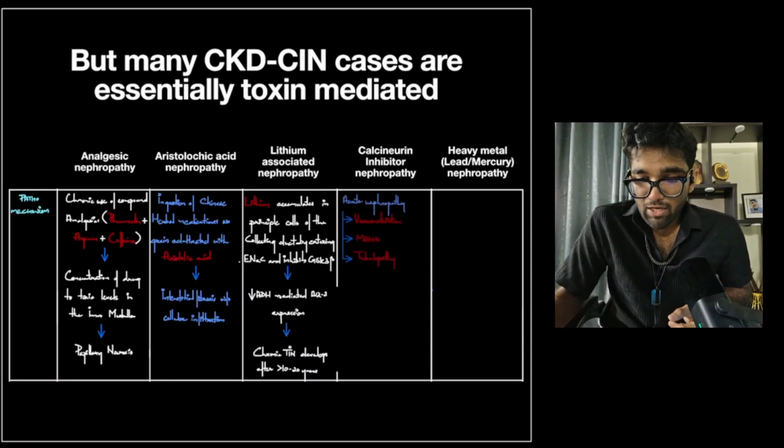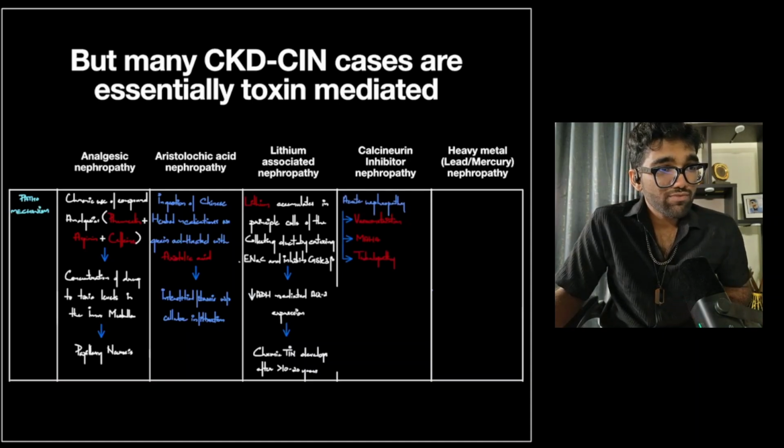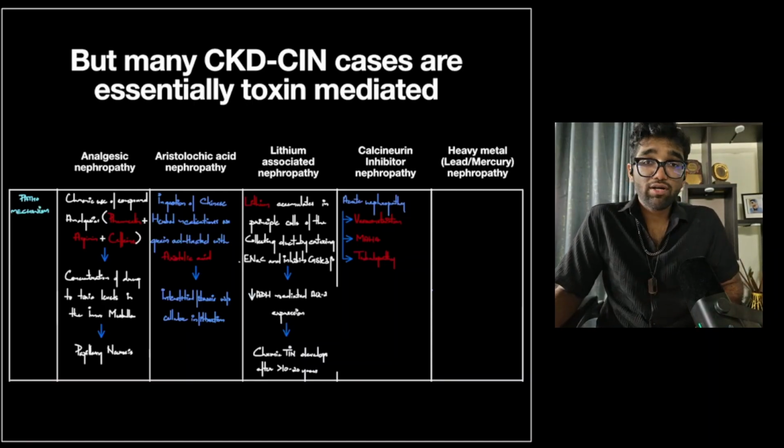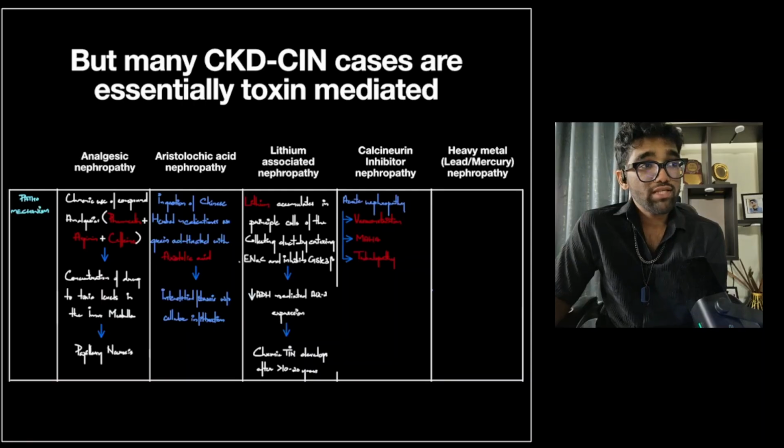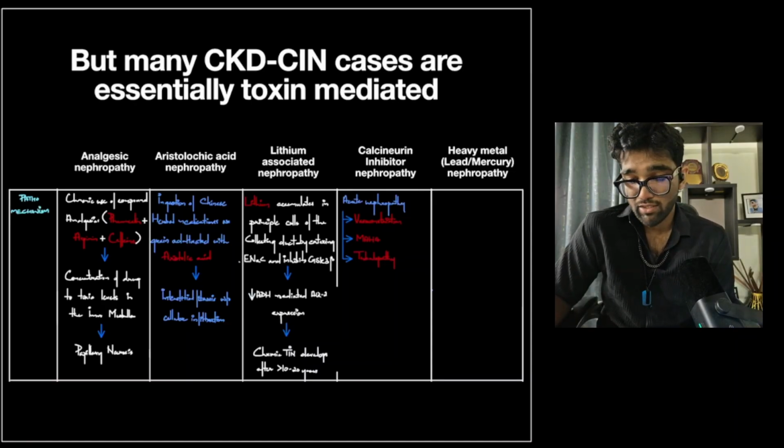Okay. Now, calcineurin inhibitor nephropathy is the most common cause of chronic interstitial nephritis that I encounter personally. However, they can cause both acute and chronic interstitial nephritis. Chronic is relatively more common. This is due to the effects that alterations in calcium metabolism within the endothelium of the vessels present in the renal medulla have on the blood flow within the renal medulla.